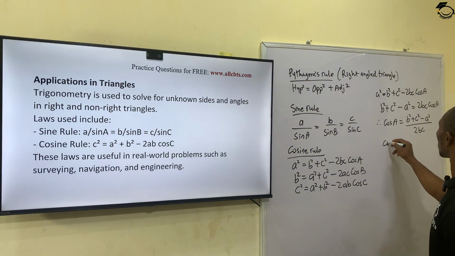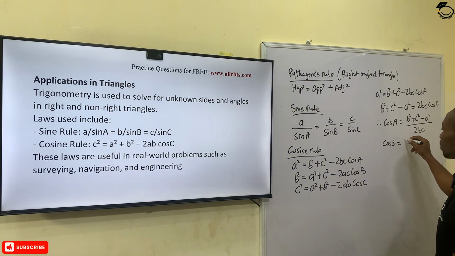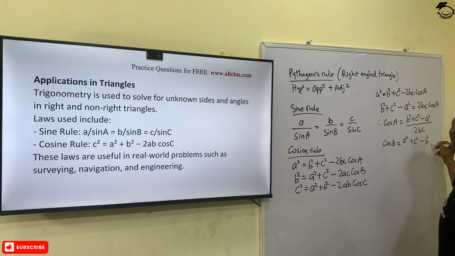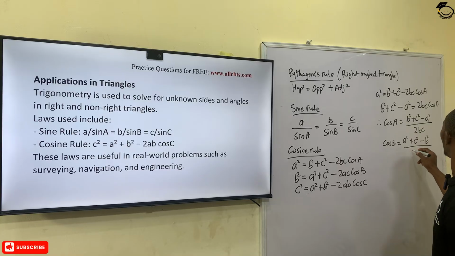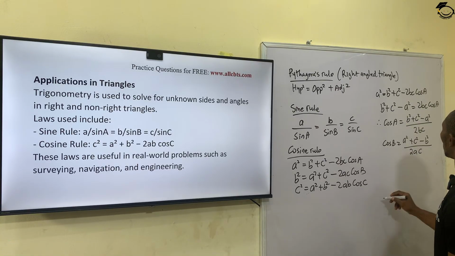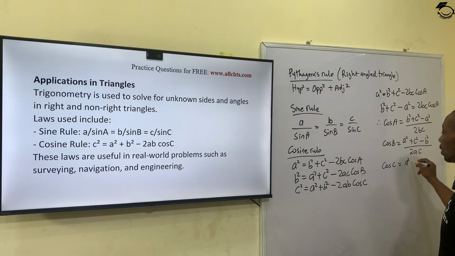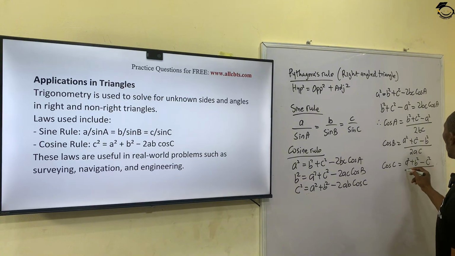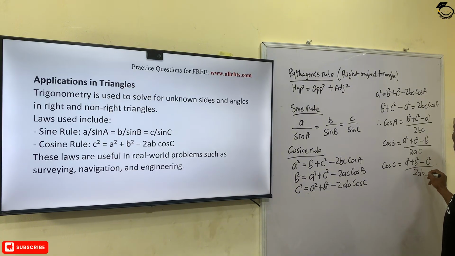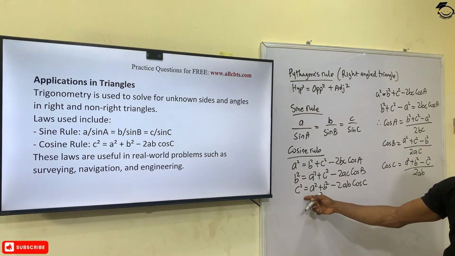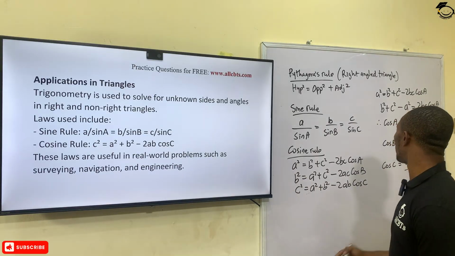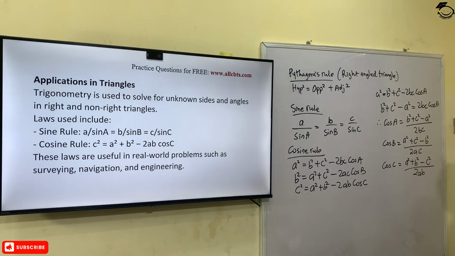So that means cos B would be A squared plus C squared minus B squared all over 2AC, and cos C would be A squared plus B squared minus C squared all over 2AB. So this is for finding the sides and this is for finding the angles.